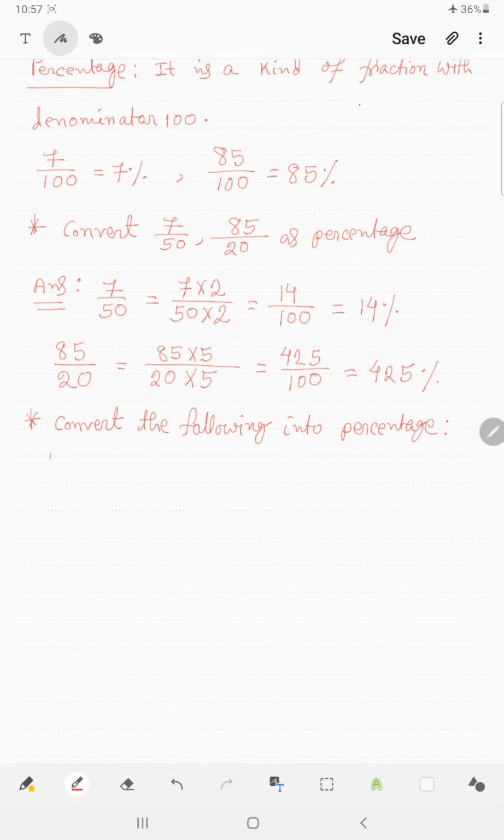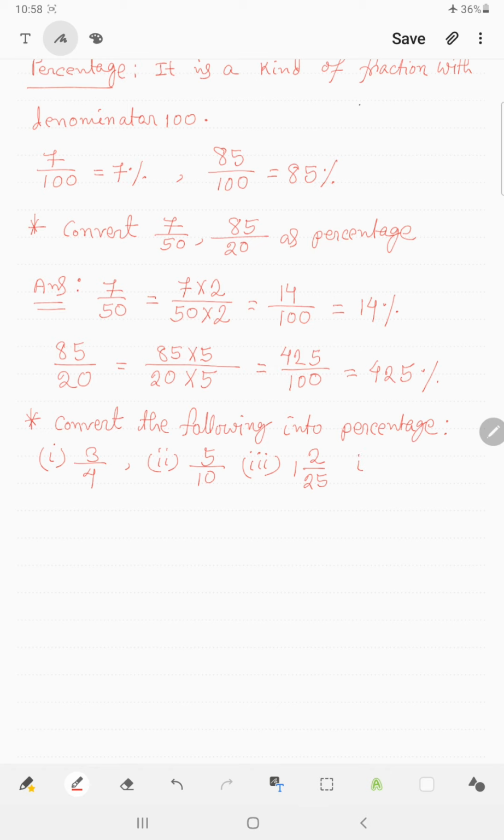Okay, number 1, this is 3 by 4. Number 2, that is 5 by 10. Number 3, that is 1 whole 2 by 25.